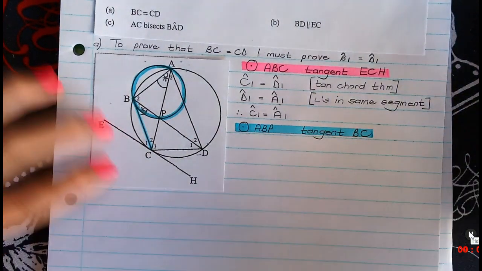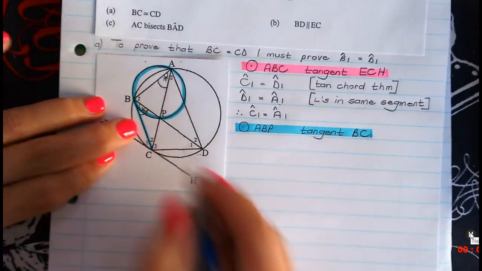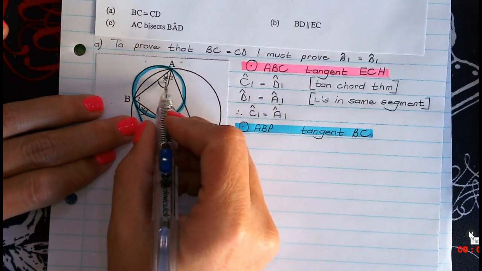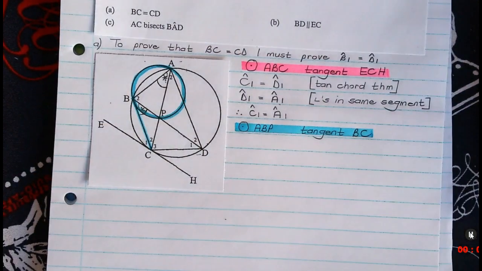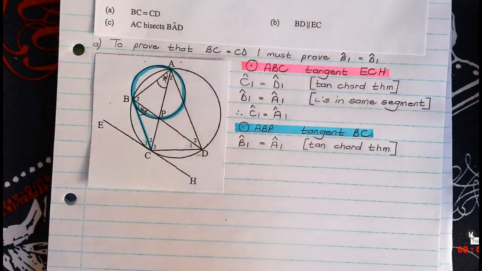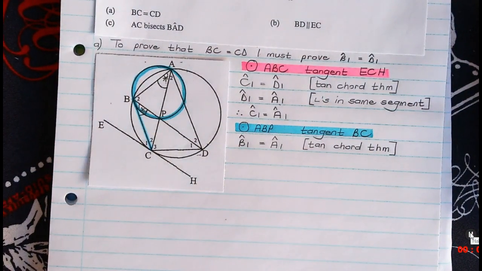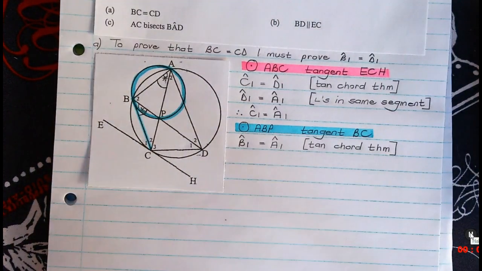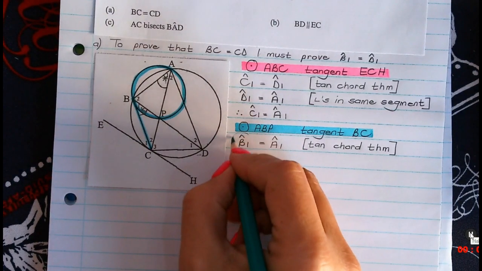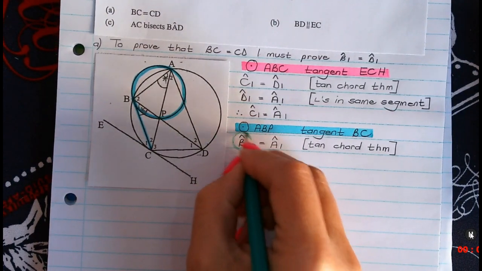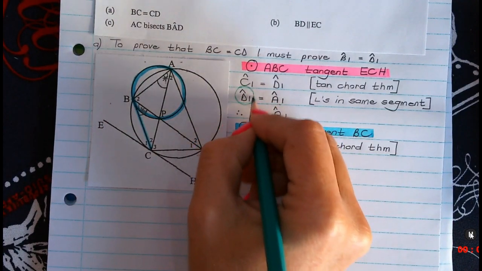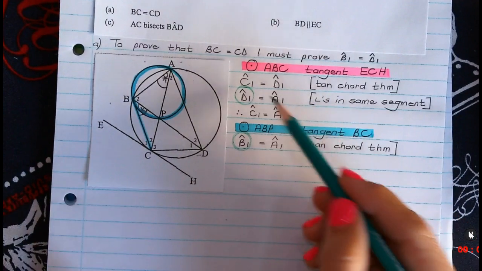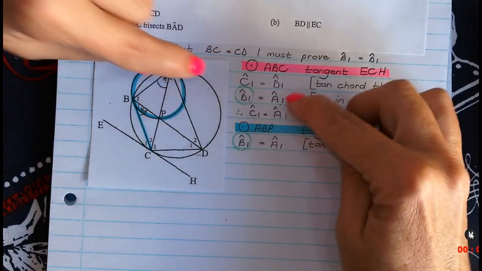So the main thing about the blue circle was that angle B1 is equal to angle A1, tan chord theorem. Right, now I want to cross reference because I am now looking for B1 being equal to angle D1. Now, please reference these because angle A1.